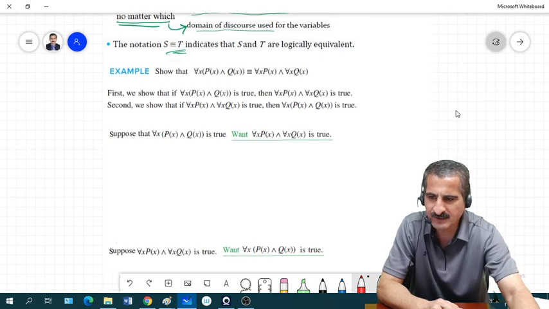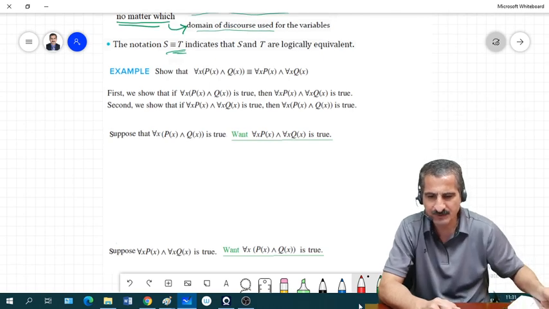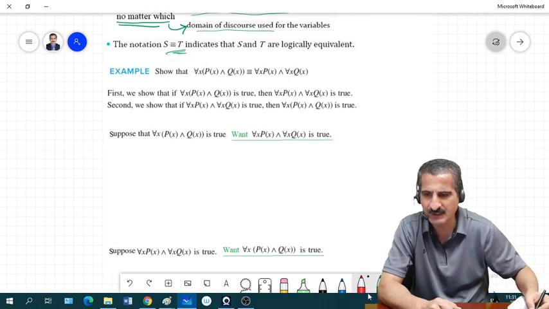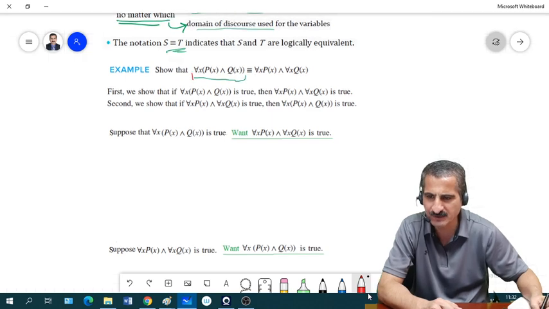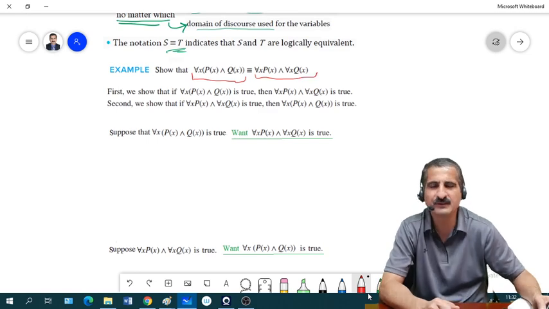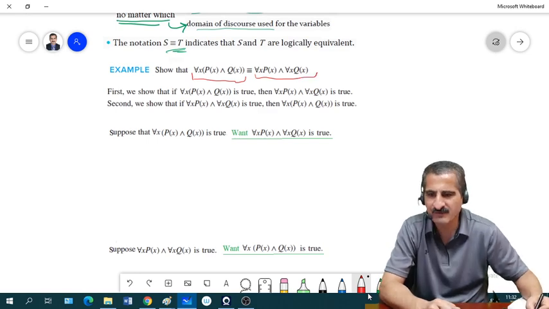Now, there is an example where we want to show that this quantified proposition and this proposition are equivalent. Now, if this is true, we want to show this is true. And if this is false, we want to show this is false. Now here we start.